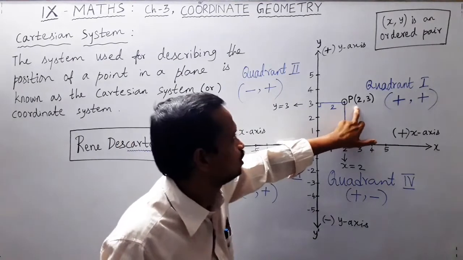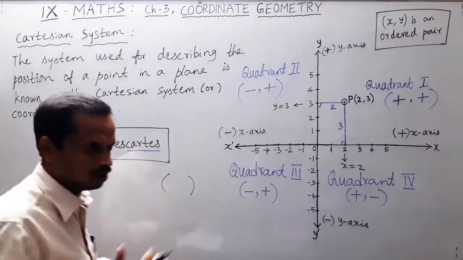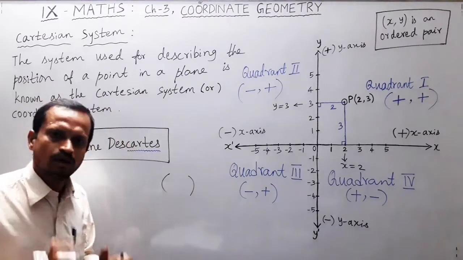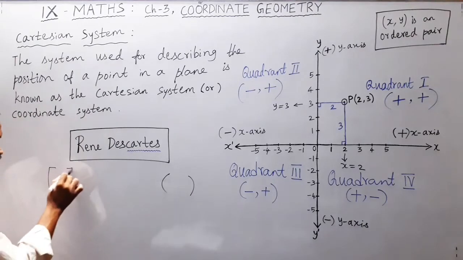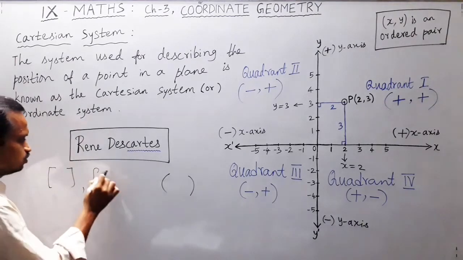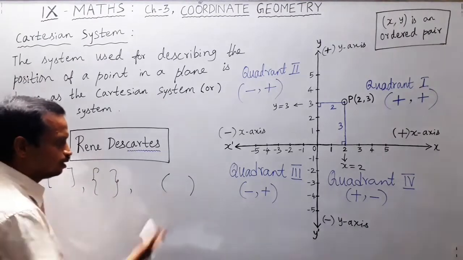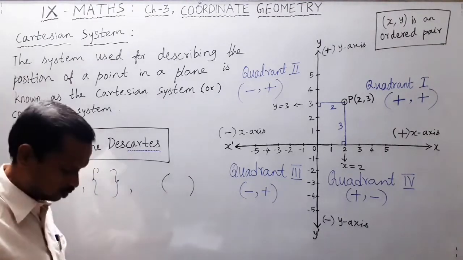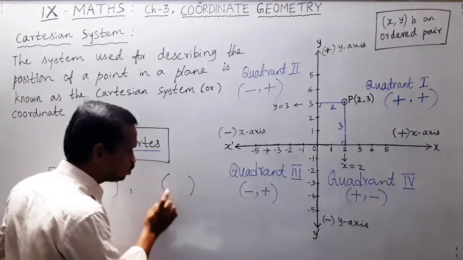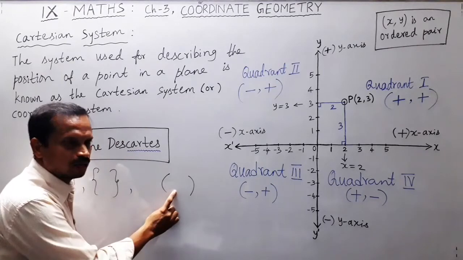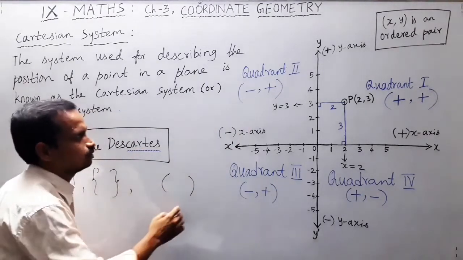Usually you say all are brackets, but specifically there are many brackets we use in maths. This is a square bracket, and this is a floor bracket, and this is a parenthesis or braces. But here we should use only this bracket.